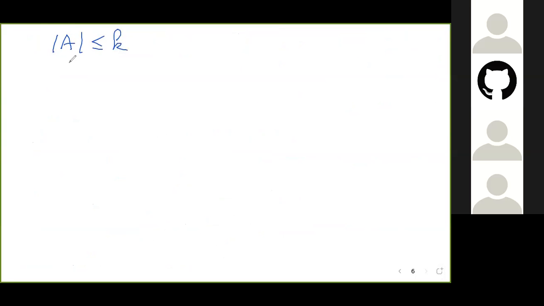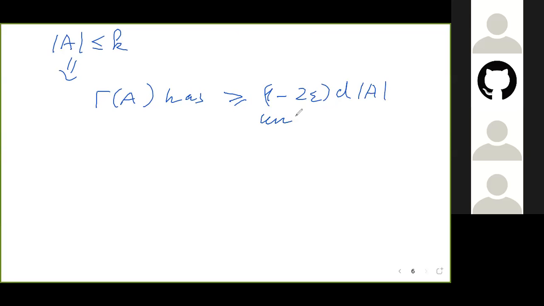Under that assumption, we know that gamma of A has more than 1 minus 2 epsilon times dA unique neighbors. This is one of our lemmas.